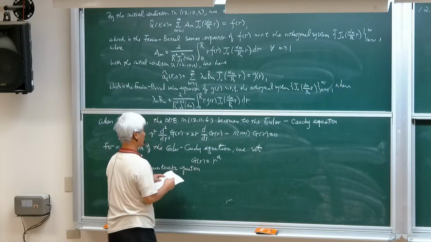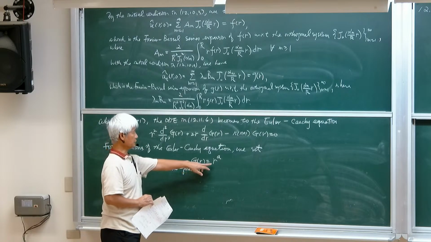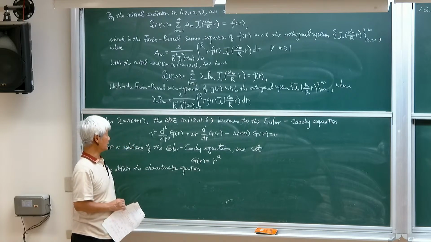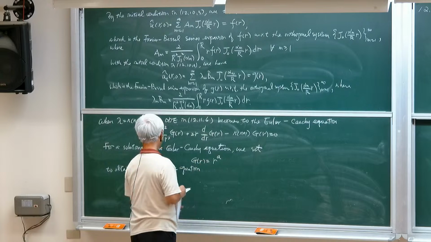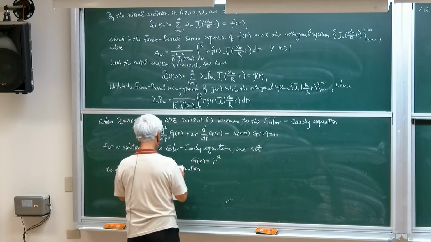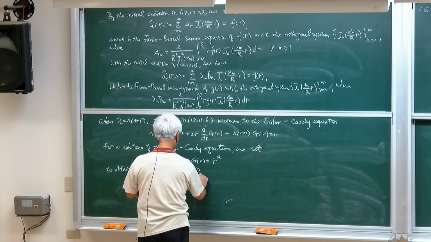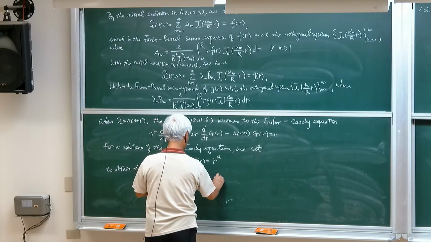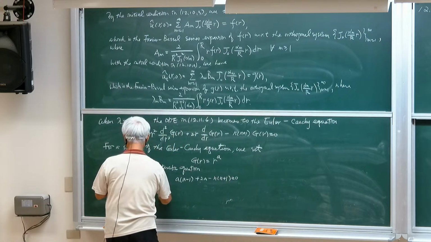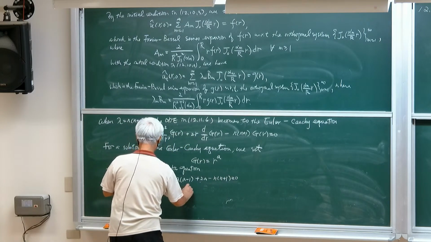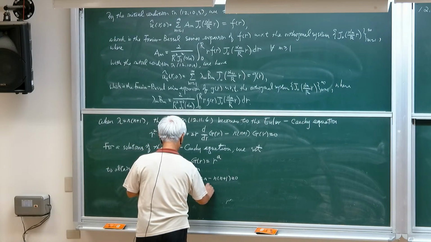So we attempt to find a solution which is a power of r, with an unknown a there. And so now the characteristic equation becomes a times a minus 1 plus 2a minus n times n plus 1 equal to 0. And so this implies that a is equal to n or minus n plus 1.